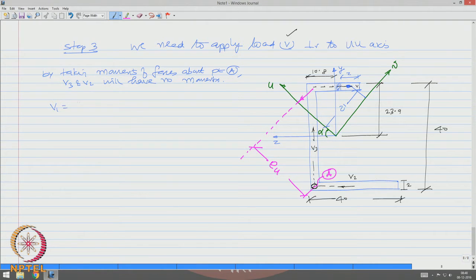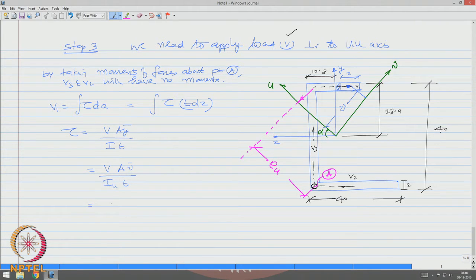So, V1 is integral of tau dA, which is integral tau t dz. Tau is V A y bar by I t. In my case, it is going to be V A V bar by I_u into t.